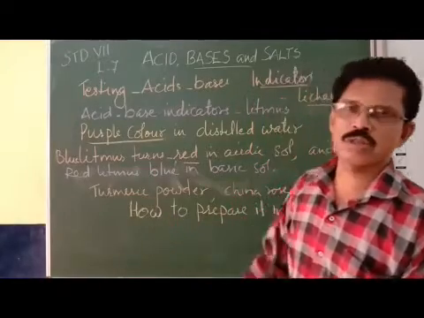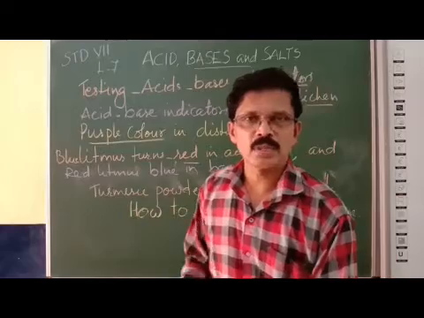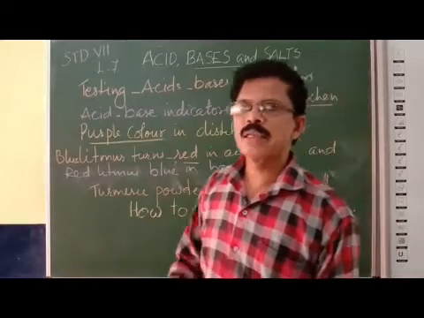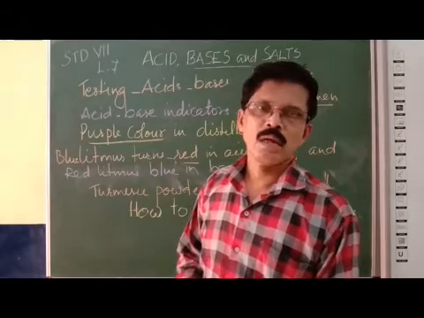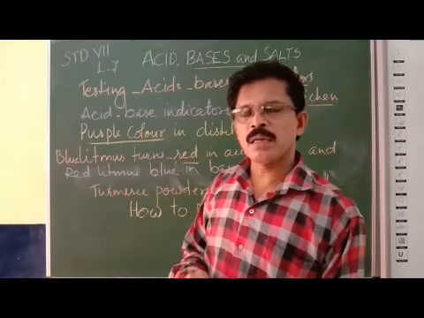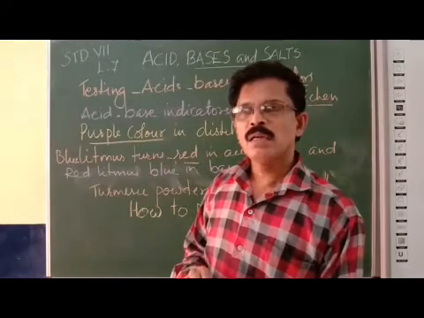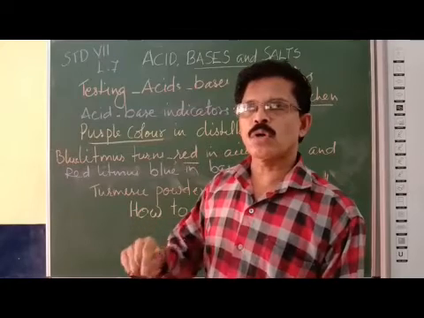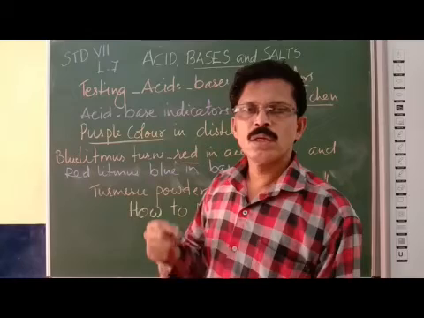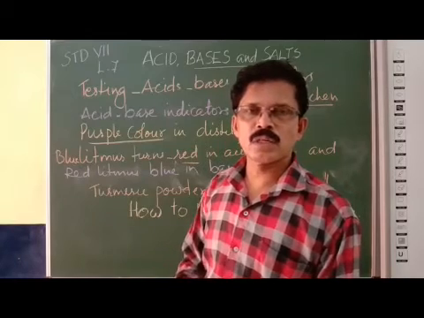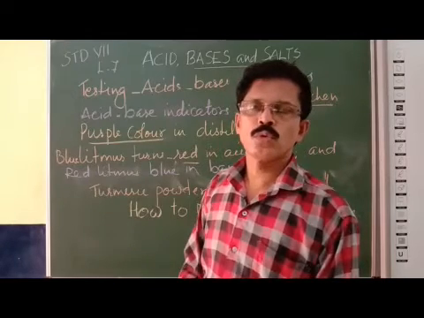Any acidic substance you bring in contact with the blue litmus paper, the blue litmus paper becomes reddish in color. Now, you take the red litmus paper and bring it in contact with a basic substance or basic solution, it becomes blue again.